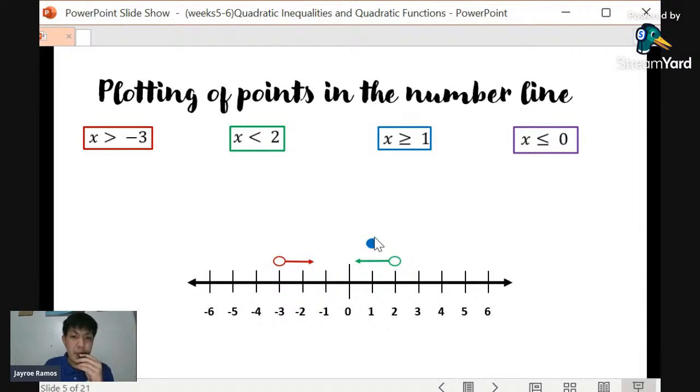Kapag shaded, meron na siyang equal. Okay? So x is greater than or equal to 1, so dapat shaded. And of course, dahil greater than yan, towards right, papuntang kanan po ang ating graph. Okay? So I hope nare-refresh na kayo kasi I think ginawa niyo na to before. So next one. So last one.